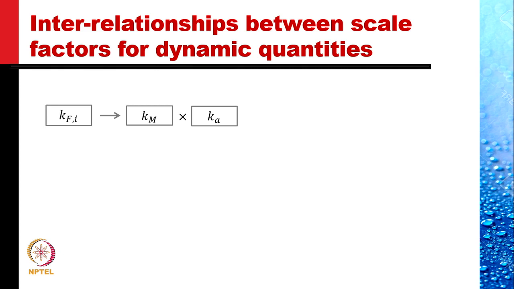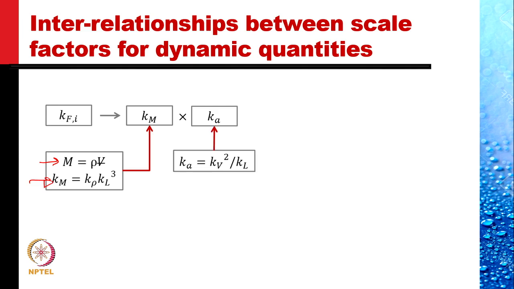Now the scale factor for mass is written from mass is equal to density times the volume. So Km is like K rho KL cubed. Ka, on the other hand, we obtained earlier is like Kv square by Kl.